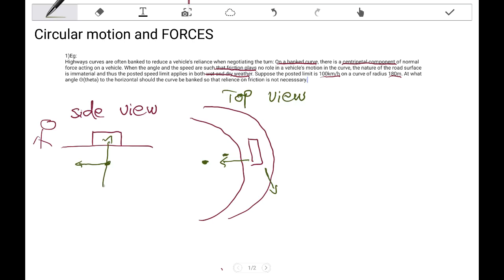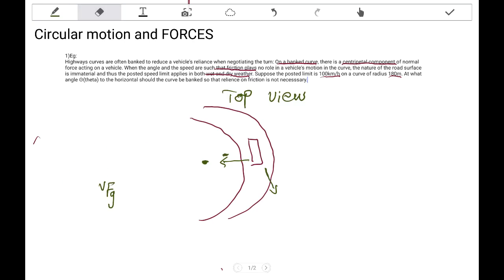And then you are going to have Fg, the weight, and then this is going to be the frictional force, and then this is going to be the normal force, F normal. So let's look at the banked curve, because remember, I was just showing you an example of a plane curve that's not banked.